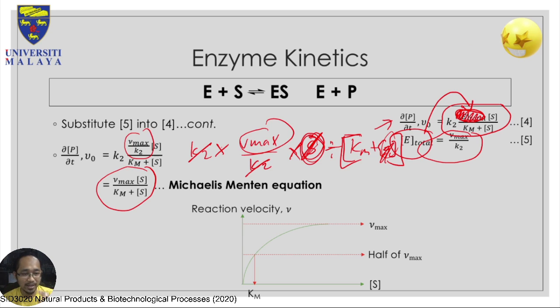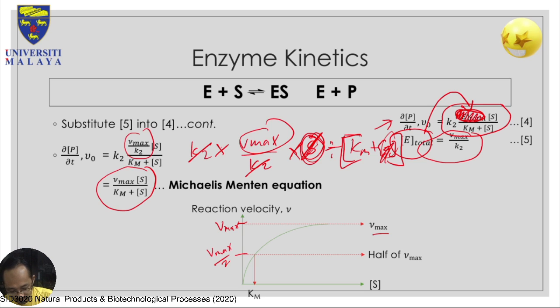And what you can see now is the relationship between V naught, Vmax, and Km, which is expressed here. So we have the same graph, with rate of reaction, which is V, on the y-axis. On the x-axis we have the substrate concentration, and when you plot the graph, you will have a Vmax at the very top, of course, and then Vmax divided by 2, or half of the Vmax.